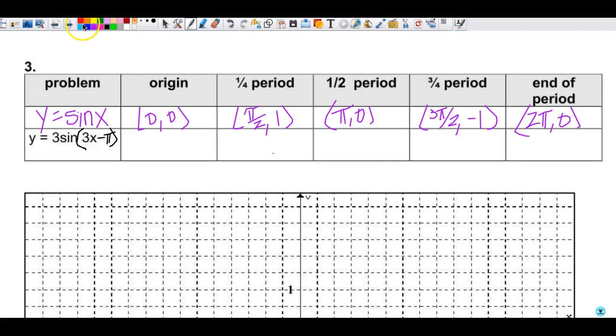So I'm going to rewrite that. y equals 3 times the sine of 3 times x minus pi thirds. Because until it's factored, if you don't factor it, our transformation rules aren't going to work.